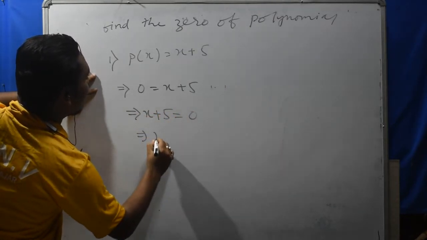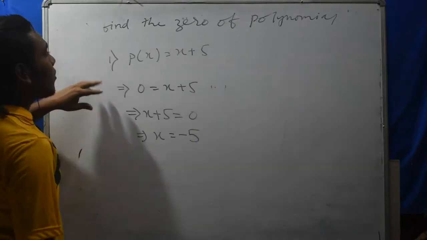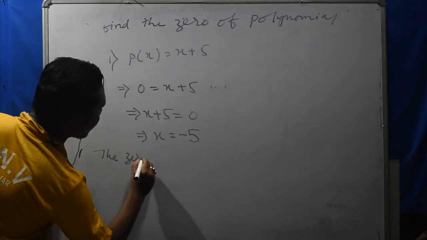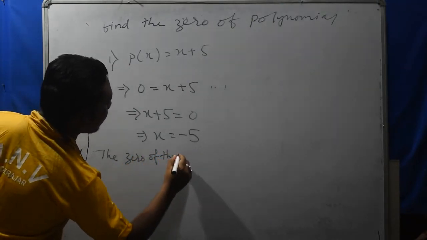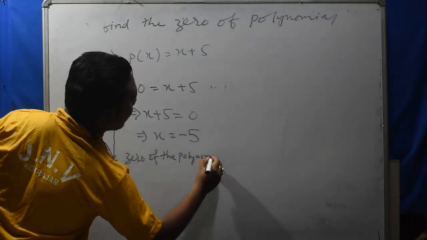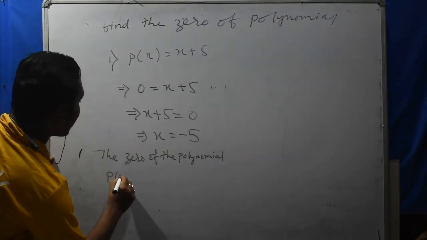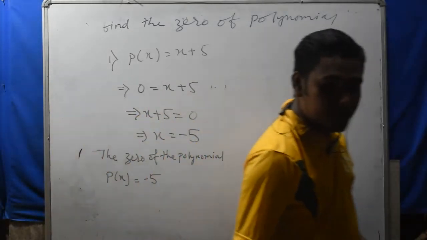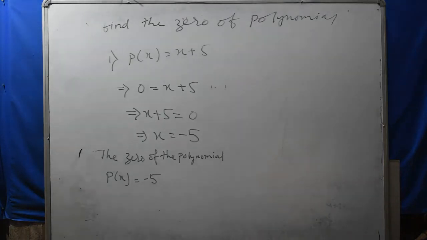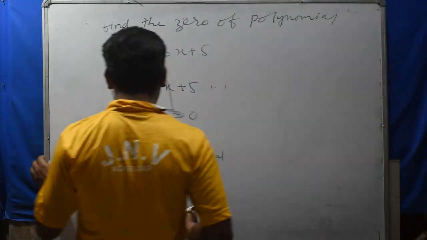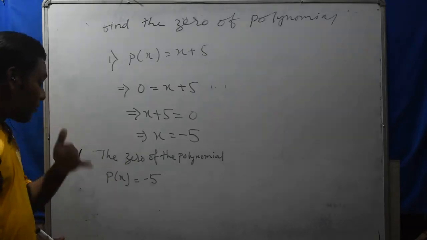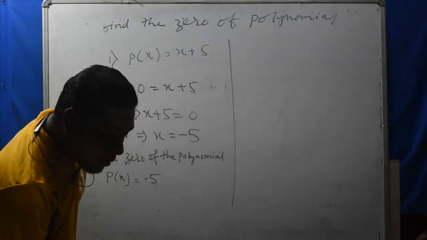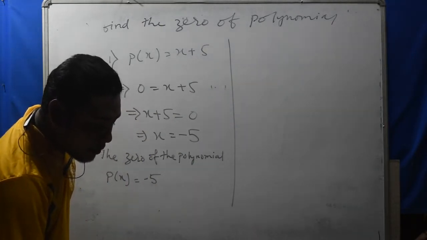So x equal to minus 5. So the zero of the polynomial p(x) is minus 5. Clear? Understood?